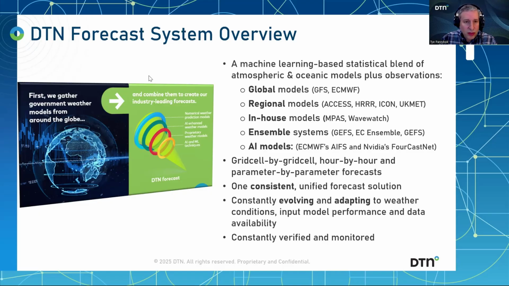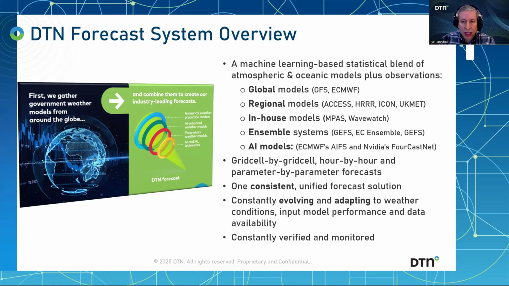We run some in-house numerical models, and then ensemble forecasts are basically forecasts that generate a wide range of forecasts from the same forecast engine, but with different initial conditions. This allows us to have better accuracy and calculate a number of statistics that I'll demonstrate later out at longer time horizons.